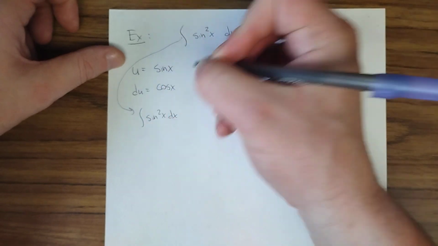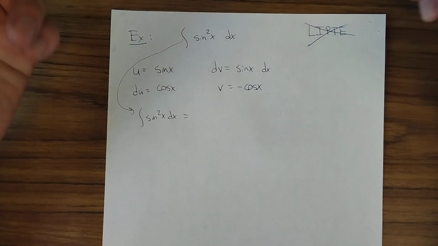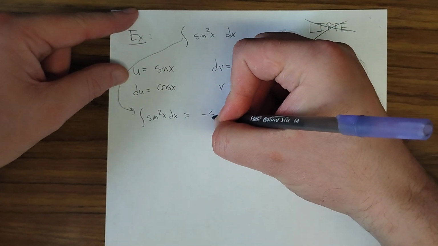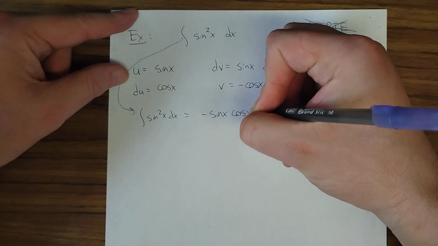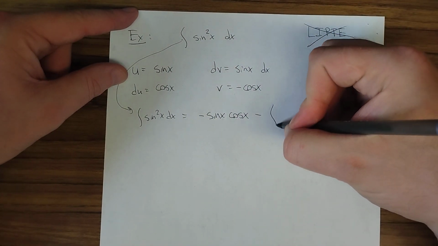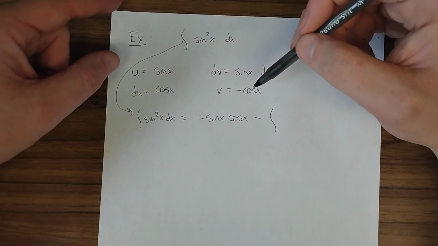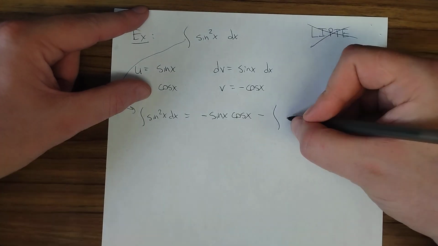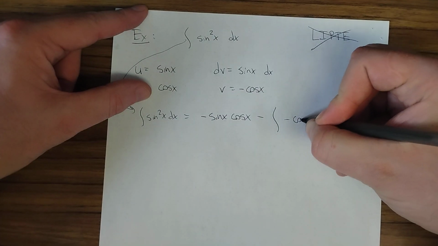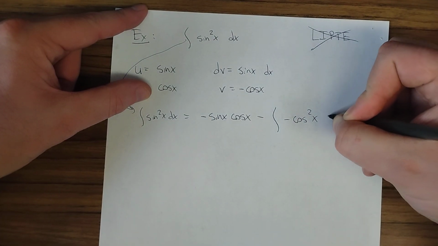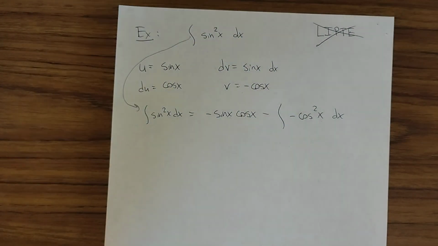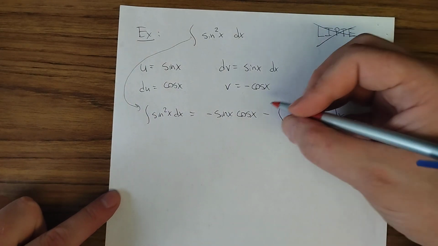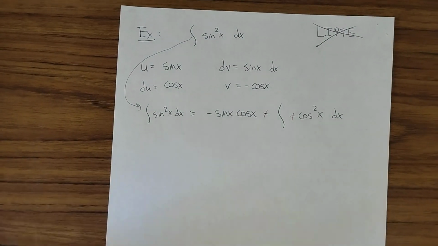The integral of sine squared x dx equals, okay, the formula for integration by parts is u times v minus the integral of v du. So v du, I've got a negative cosine times another cosine, so I can write negative cosine squared x. Of course, I can pull this negative out, and that cancels that, so it's like a plus.